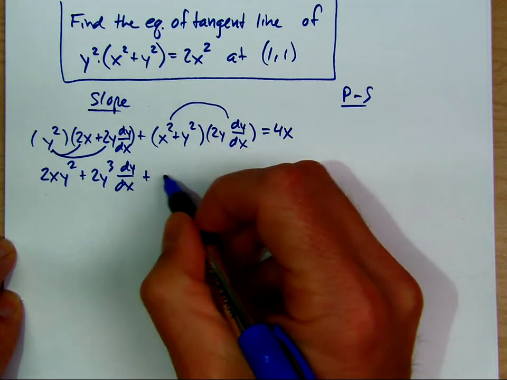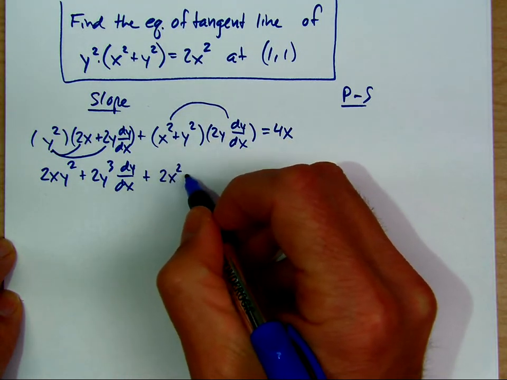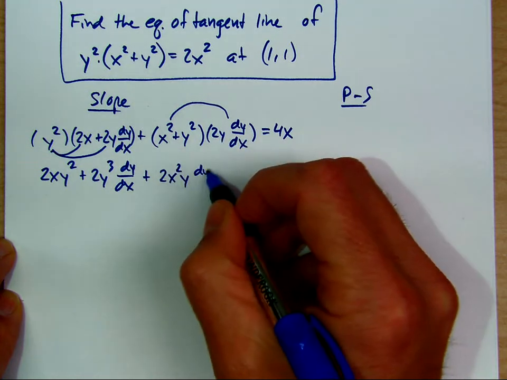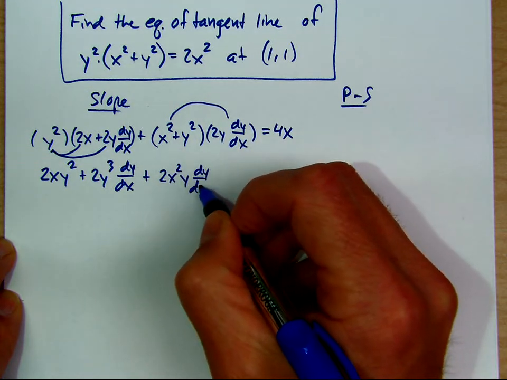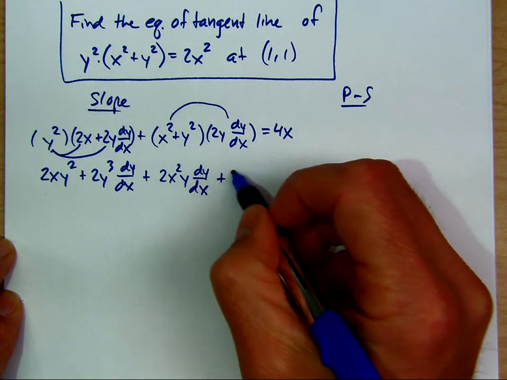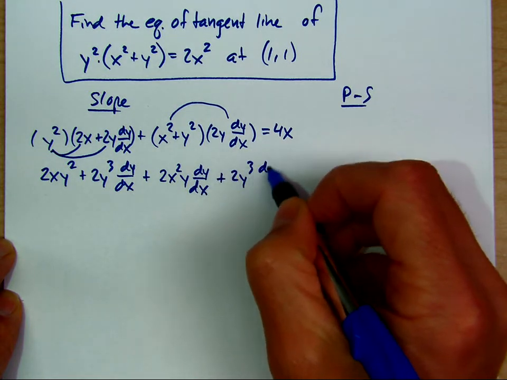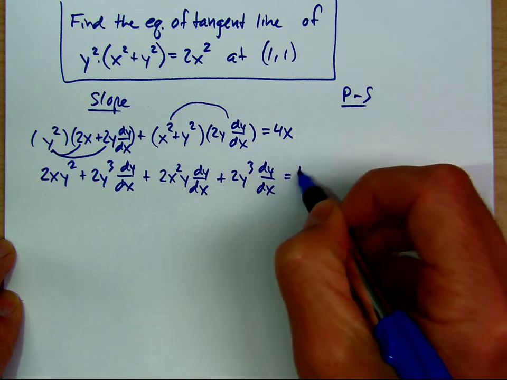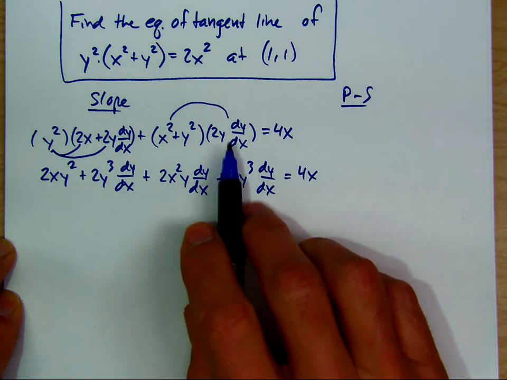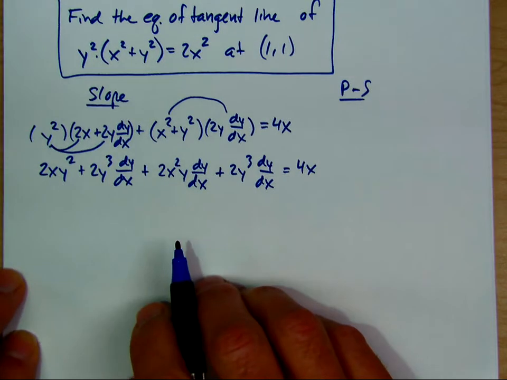We have 2x squared y dy/dx, and 2y cubed dy/dx. Looks like I didn't have to do that step, but it's okay.